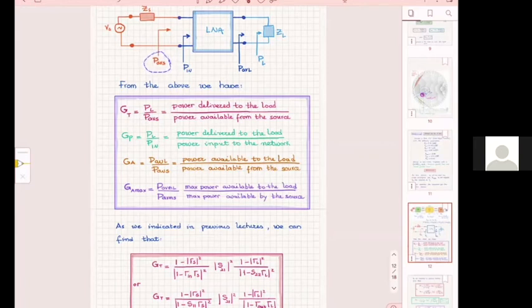GP is more realistic. It gives us what goes to the load divided by what goes into the LNA. And why is it that GP is more realistic? Because as I said, we already do not have an optimum matching at the input right after the source.